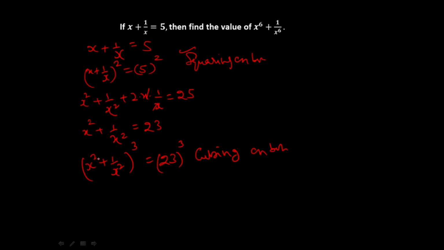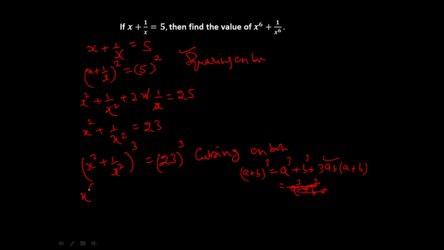What is the formula? (a plus b) whole cube equals a cube plus b cube plus 3ab times (a plus b). This will be better in this case. So let's see what will happen.